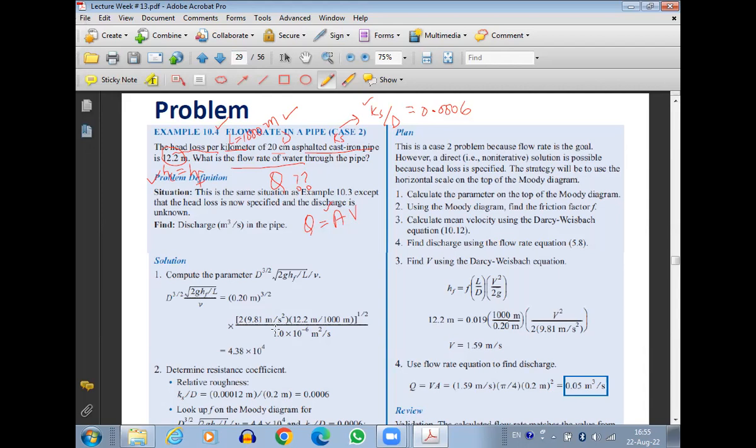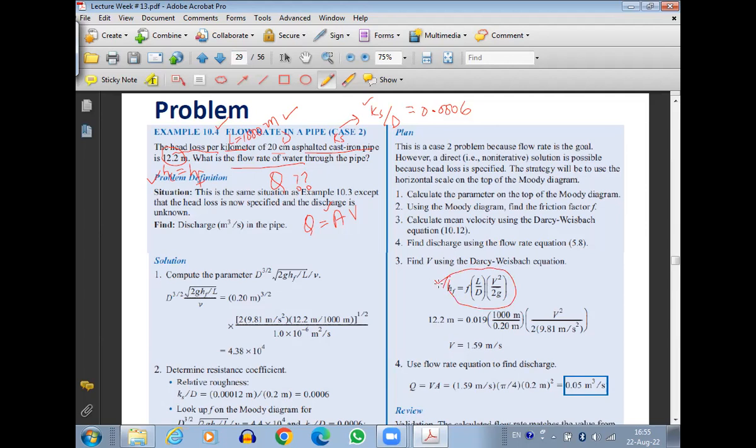So how can we find out the velocity? If we somehow find out the Reynolds number, then the formula for Reynolds number is what? Or you can see here as well, the formula for head loss is this.